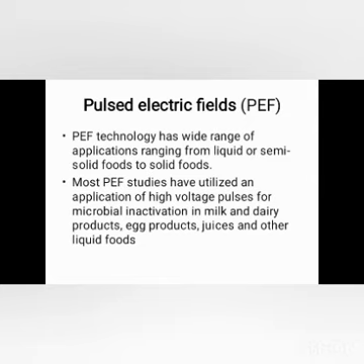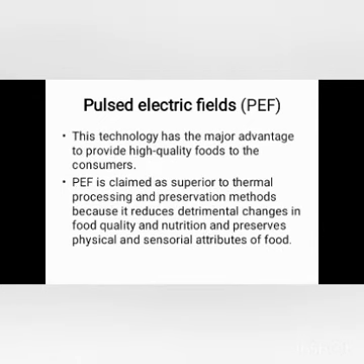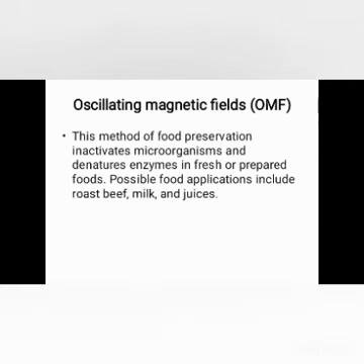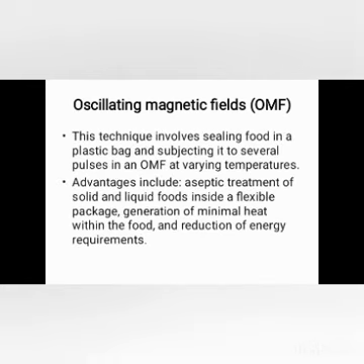It uses the induction of an electrical field and electromechanical compression that lead to pore formation and instability in the microbial membrane. The next one is the oscillating magnetic fields. This preserves food by sealing the food in a plastic bag and subjecting it to several pulses in an OMF at varying temperature for a specific total exposure time.